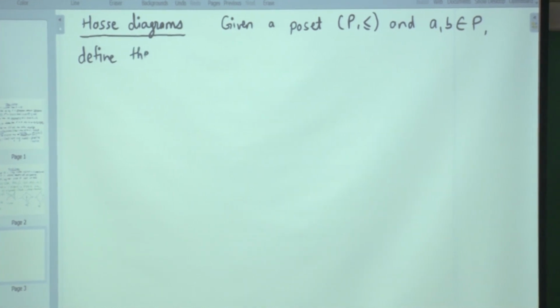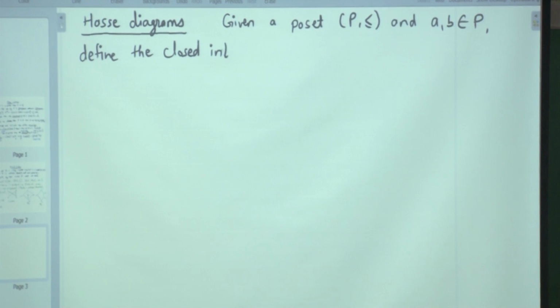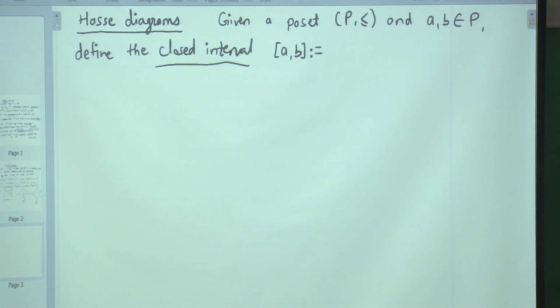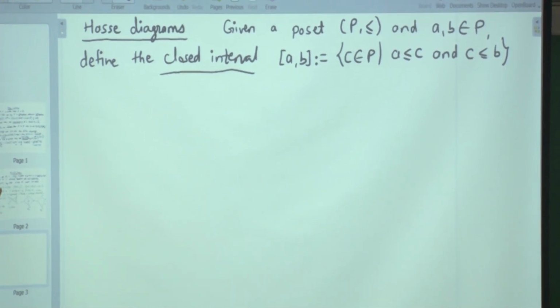Given a partial order poset P, less equal, and A comma B in P, define the closed interval AB: all those elements C in P such that A is less equal C and C is less equal B. This is our usual interval, but in real numbers they are linearly ordered, whereas the intervals here need not be linearly ordered.